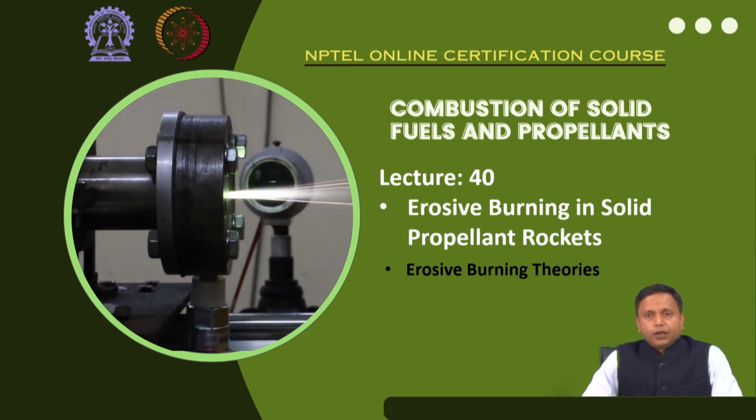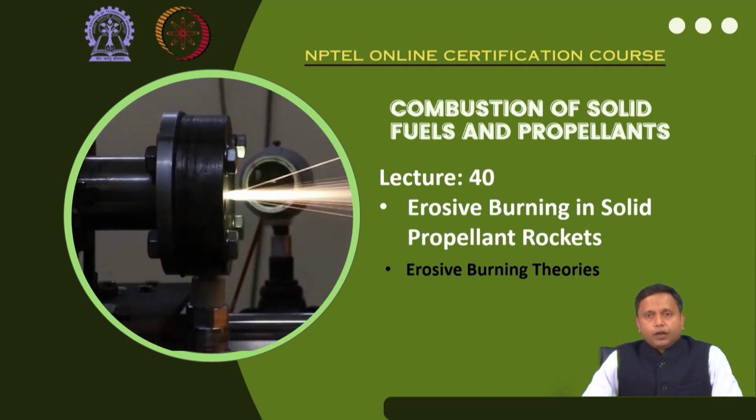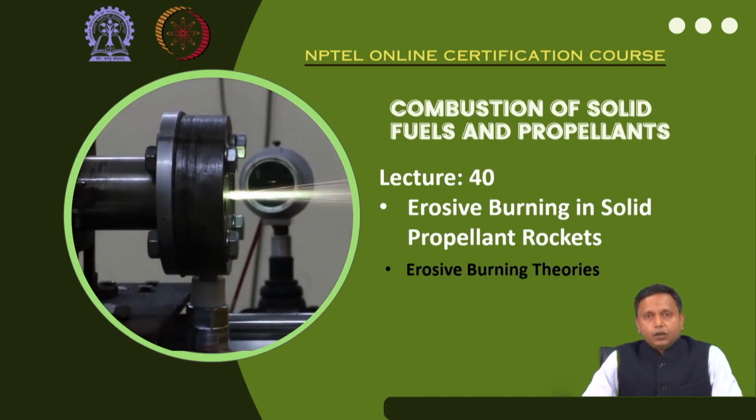We have discussed various methods for determining the erosive function, which is denoted as epsilon, given as epsilon equal to Re by R0, and we have talked about the various laboratory methods and the engine measurement methods.